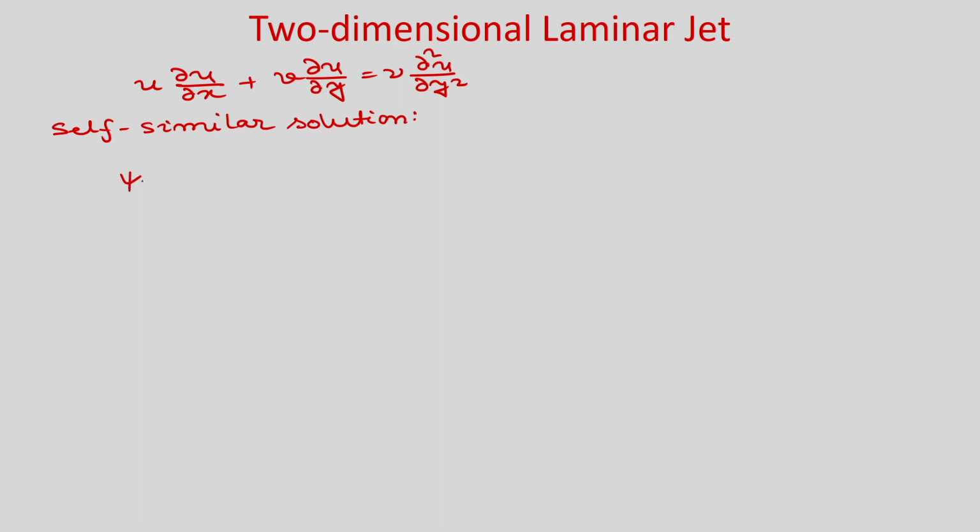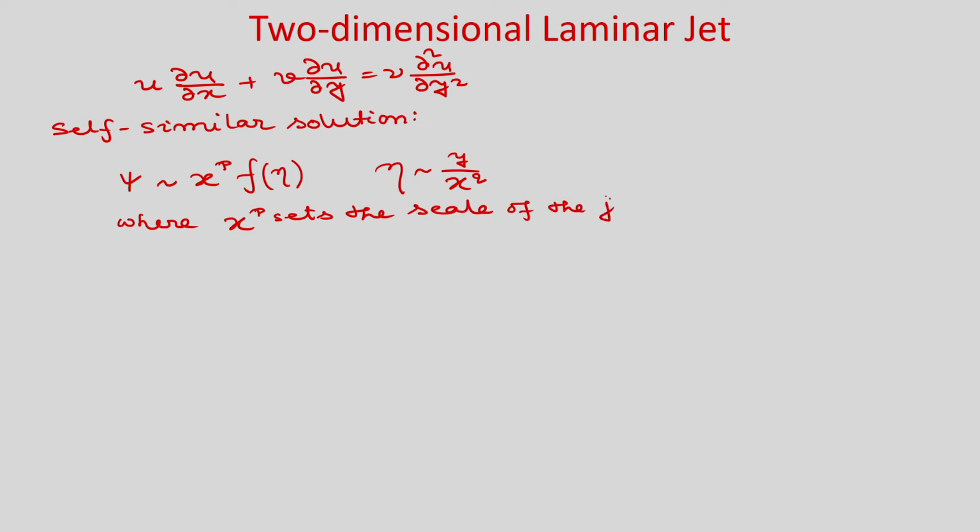So, for this we can have the self similar solution, and we will use this similarity variable, psi varies as x to the power p f of eta, where eta is the similarity variable y by x to the power q, and where x to the power p sets the scale of the jet thickness at a given x, and x to the power q is the scaling in the y direction.